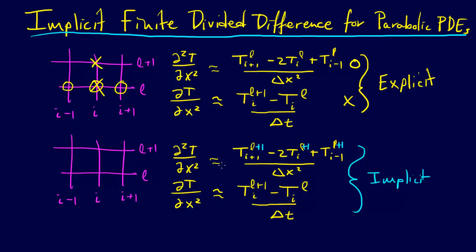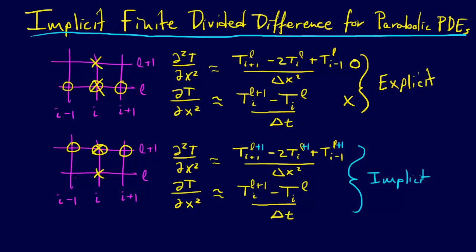Now here in the implicit approach, let's look. We're using Ti plus 1 L, Ti L plus 1, Ti minus 1 L plus 1. In other words, these three circles that we had here are now up here, and the x's are in the same place because we haven't done anything different here. They came from here.